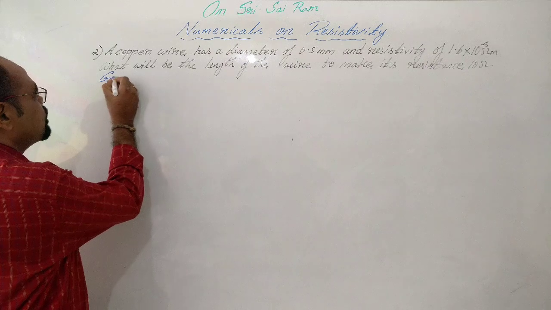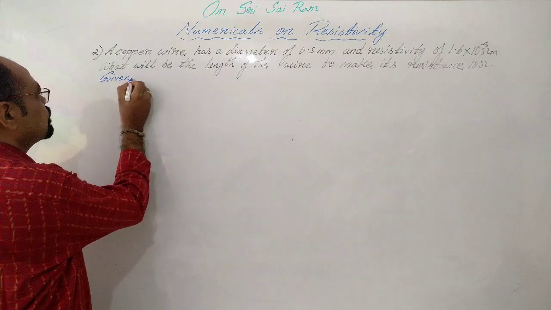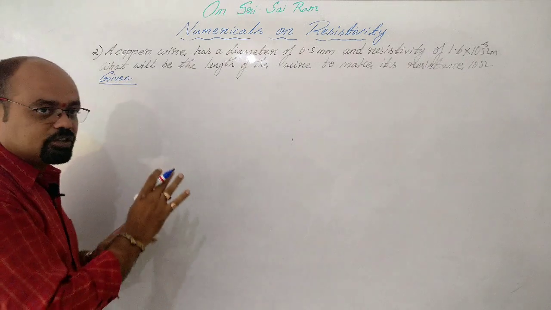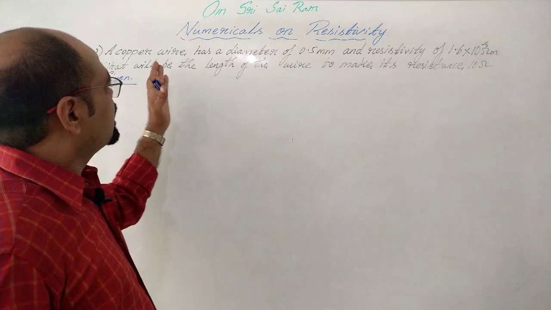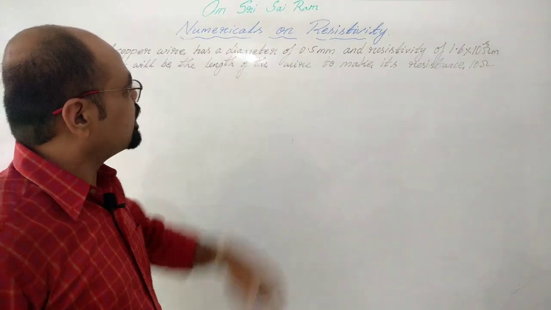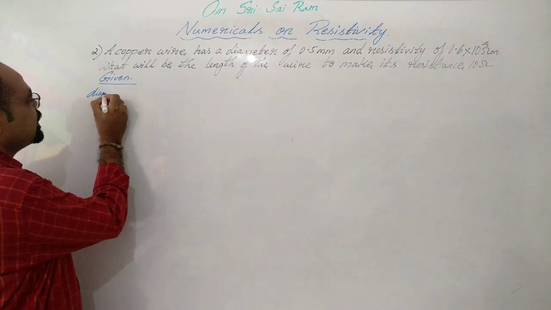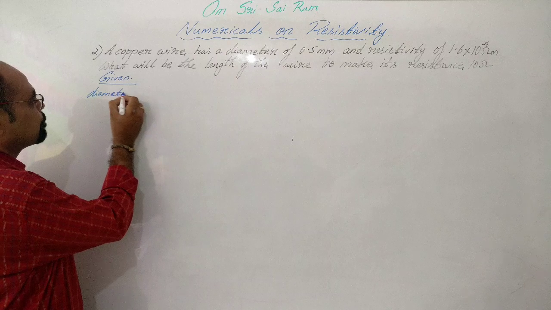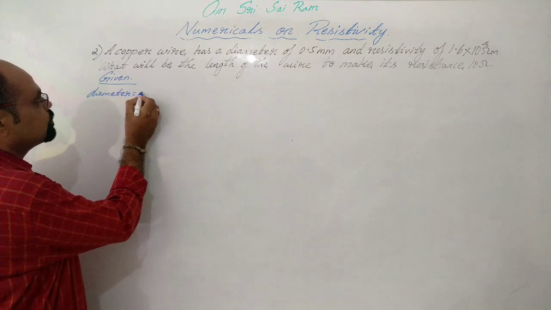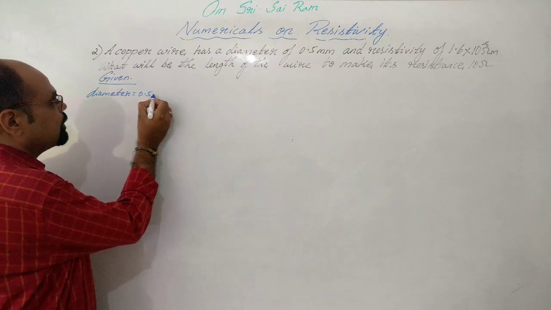We need more space for this sum, so I'll make it a little shorter. The diameter is given as 0.5 mm.